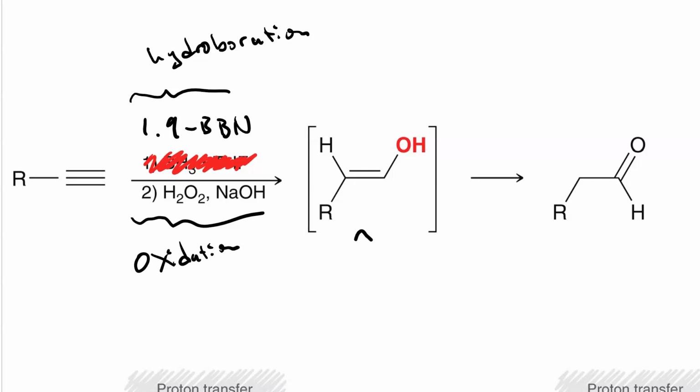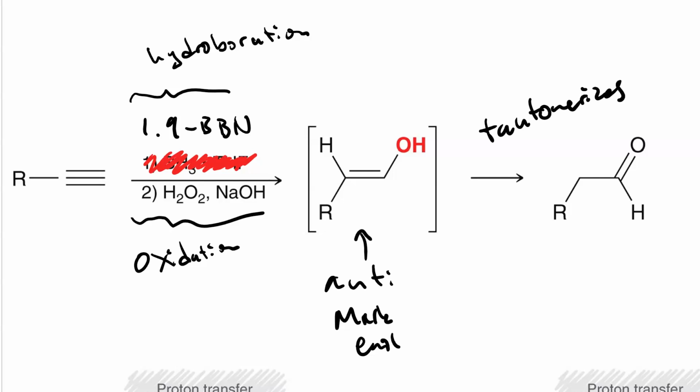And this produces our anti-Markovnikov enol, which then tautomerizes to form an aldehyde.